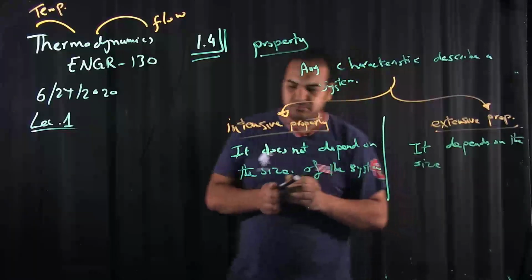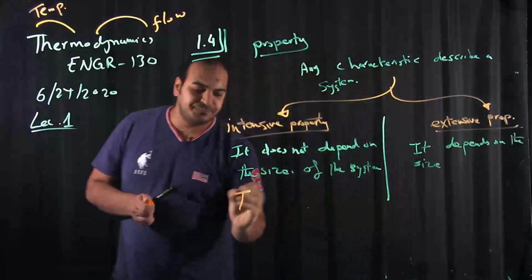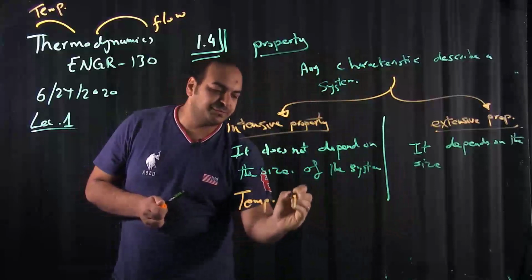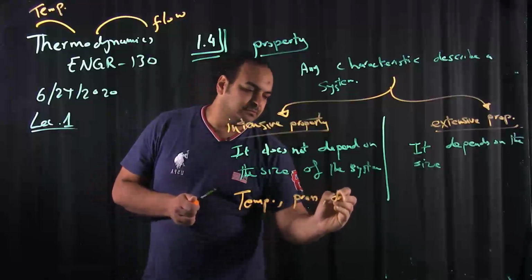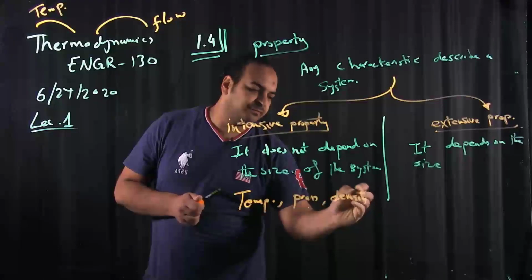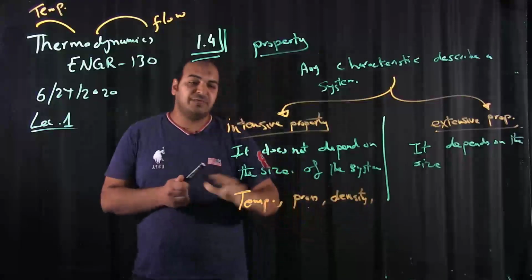For example, temperature, pressure, density, specific volume. A lot of things here.